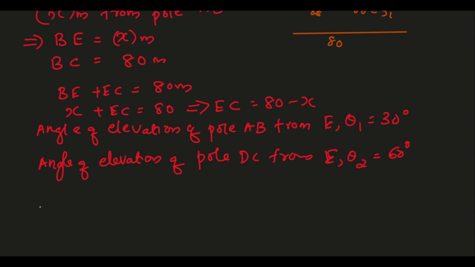We have to find, let AB is equal to DC is equal to H. We have to find first the height of the poles, that is H, then the distance of the point from both of the poles, that is x and 80 minus x.